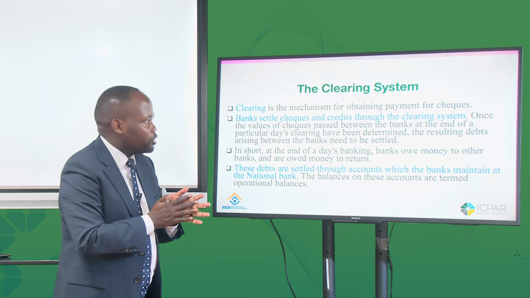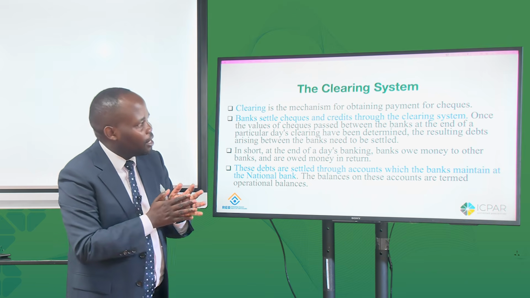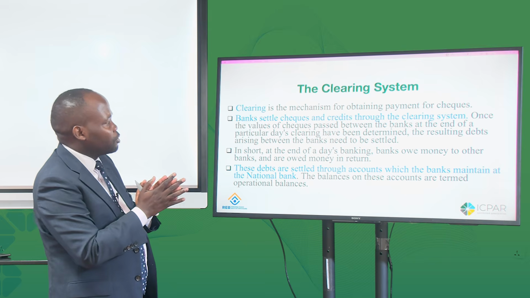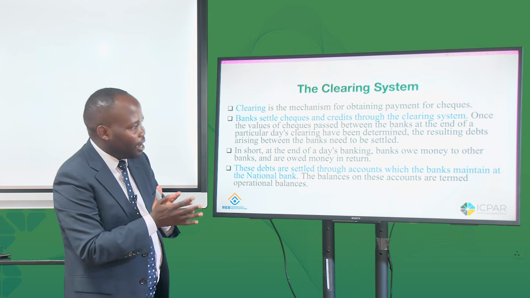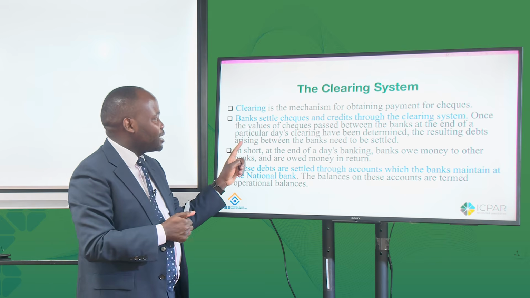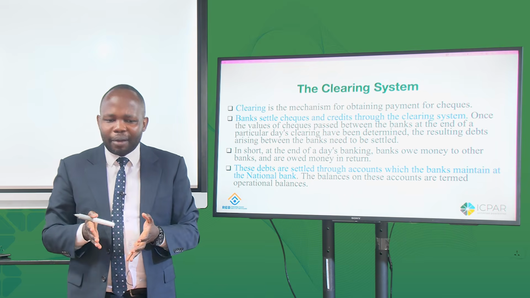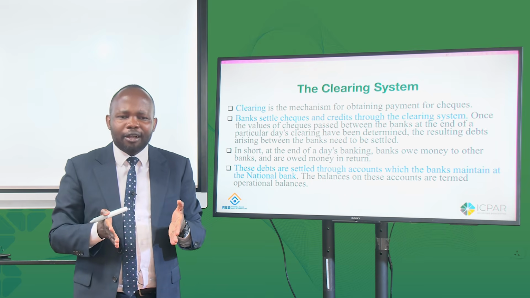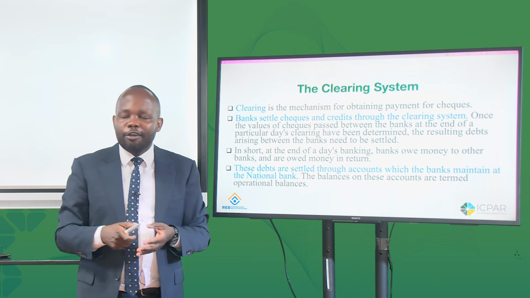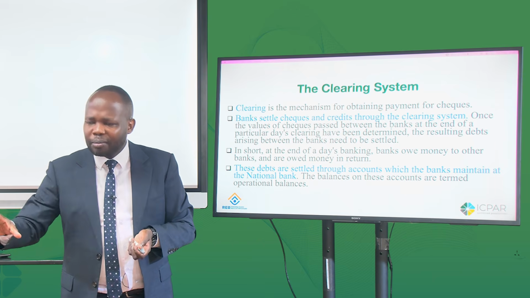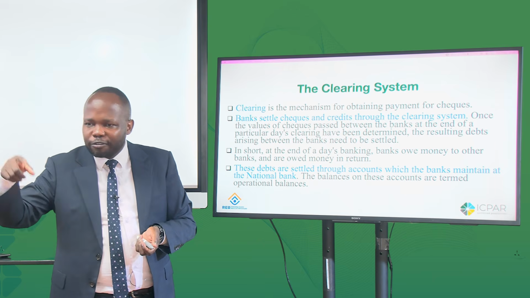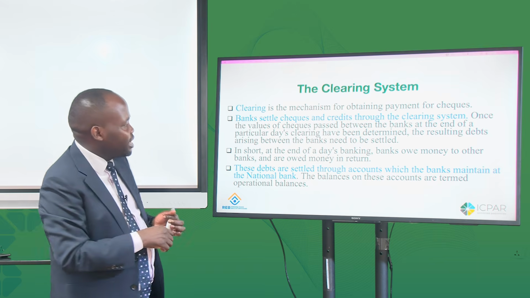Once the values of checks passed between the banks at the end of a particular day's clearing have been determined, the resulting debts arising between the banks need to be settled. So remember, maybe Equity Bank owes Becca at the end of the day maybe 100 million, because there are thousands and thousands of transactions. So we need to clear this difference.